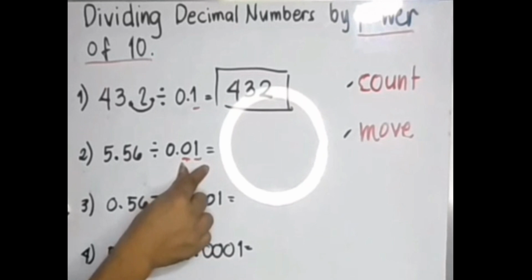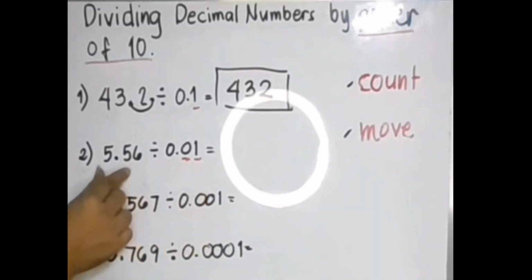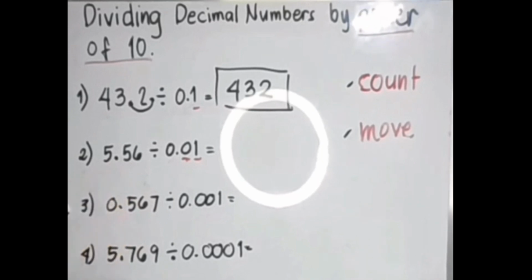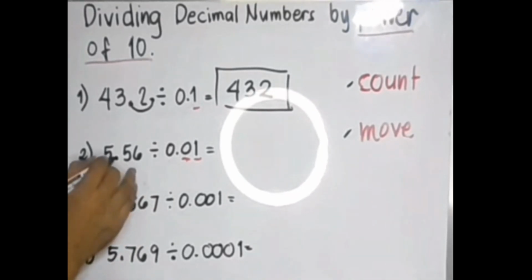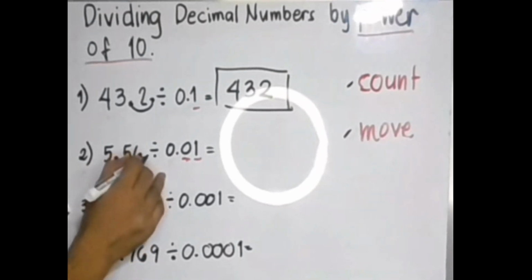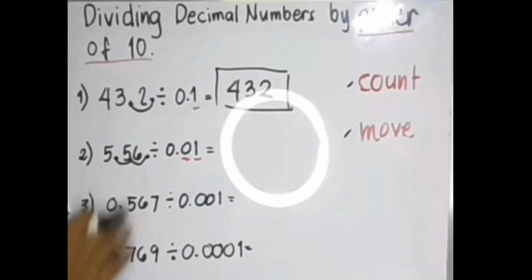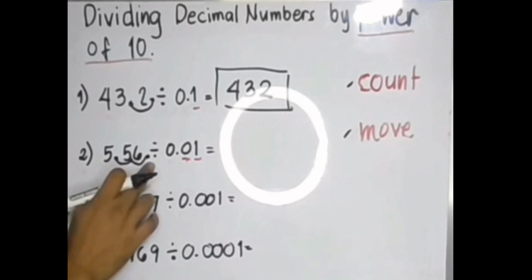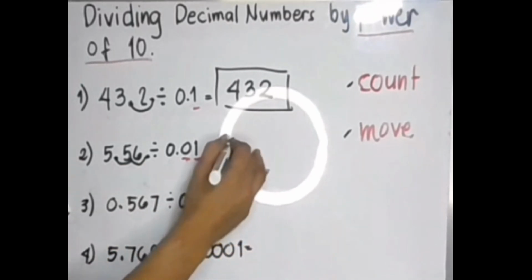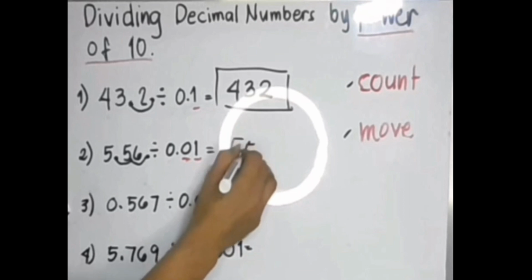Ilan ang decimal place sa ating divisor? 2. So, ilang beses i-move ang decimal point sa ating dividend? 2 beses din. So, i-move natin 2 beses. 1, 2. So, yung decimal point natin ay malilipat right after 6. Or nasa unahan ng 6. Okay. So, ano ngayon na magiging sagot natin? We have 556.